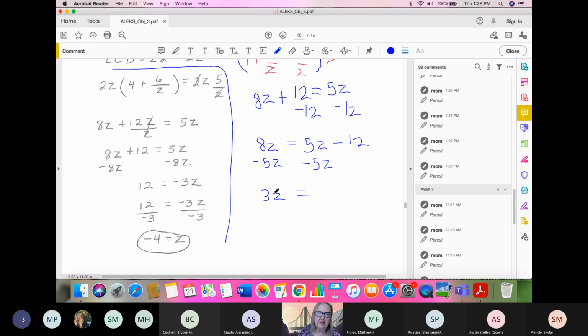And this is 5z. I don't want it to look like a 2 at all. It's 3z equals negative 12.